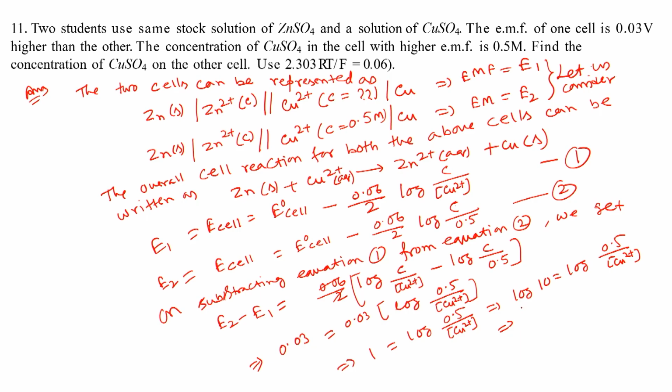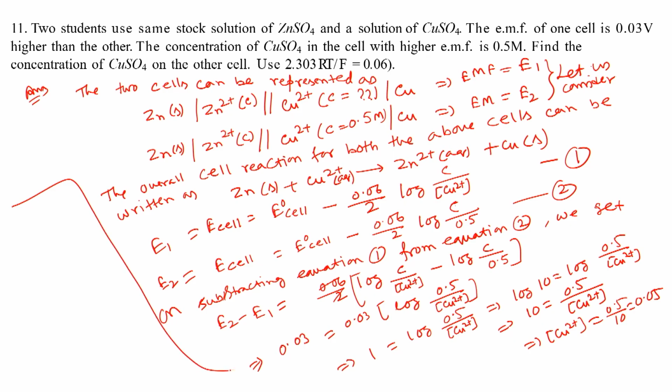So we can calculate the concentration of Cu2+. Basically, 10 equals 0.5 by the concentration, since 1 is nothing but log 10. So the concentration of Cu2+ will be 0.5 by 10, which gives 0.05.